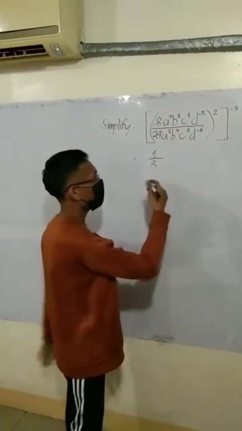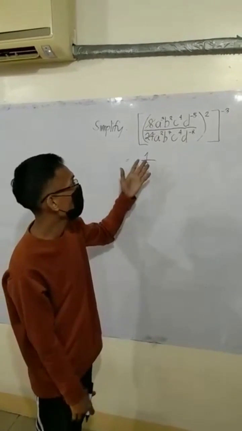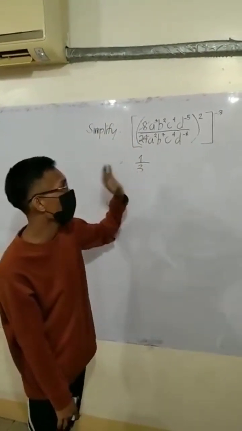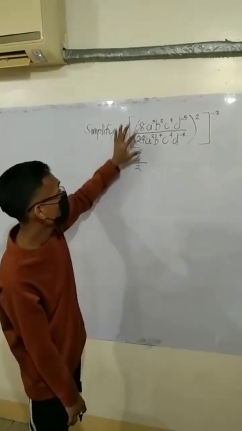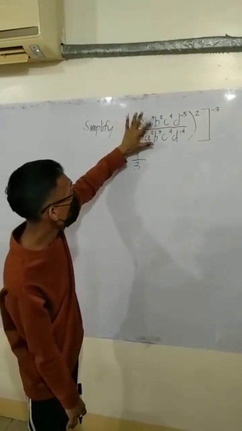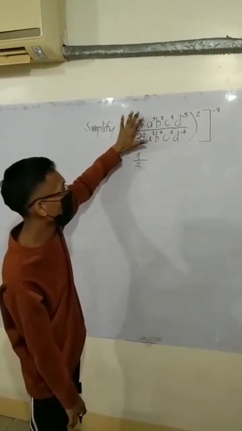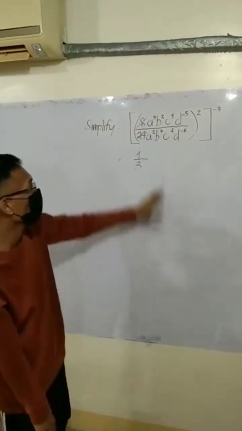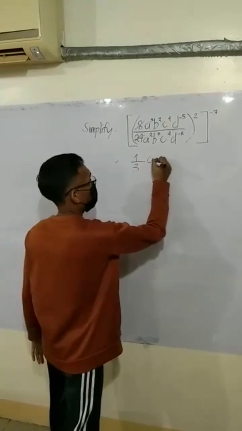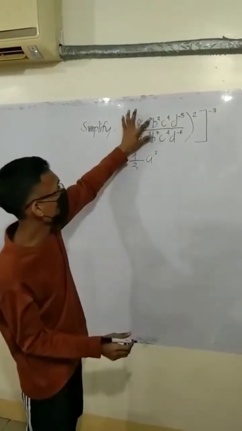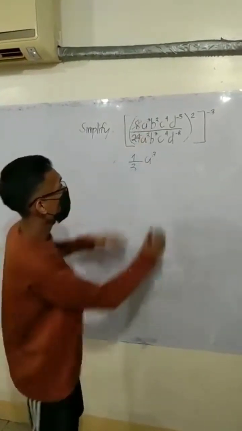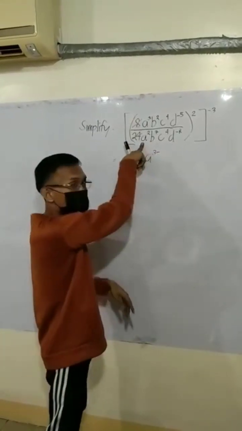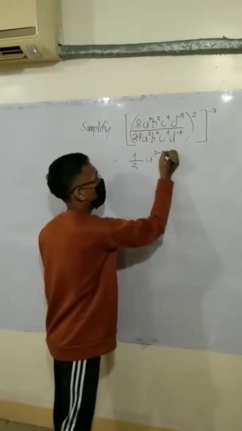Recall that in simplifying the variables, all you have to do is subtract the exponents of the variables in the numerator by the exponents of the variables in the denominator. So we have here a cubed, since 3 is the exponent of a in the numerator, minus 2, the exponent of a in the denominator.